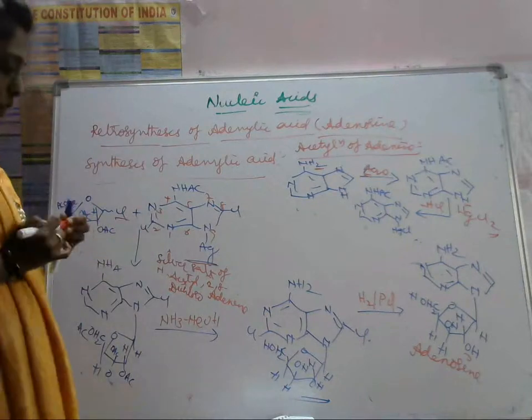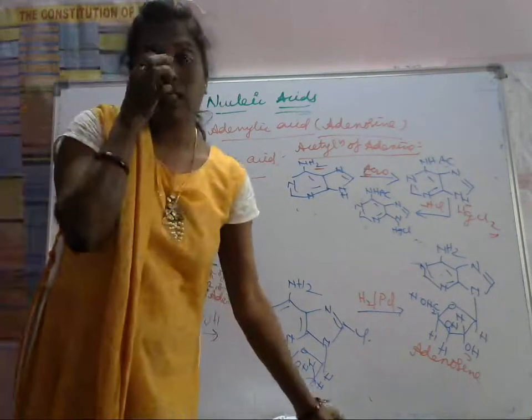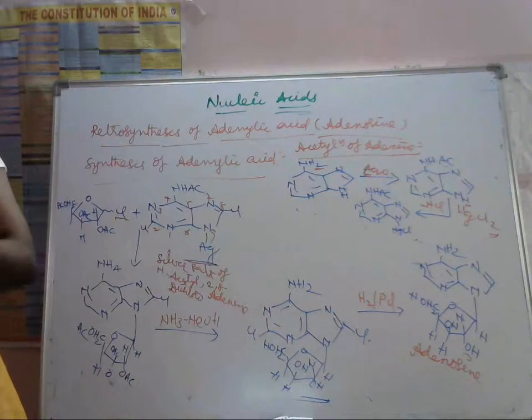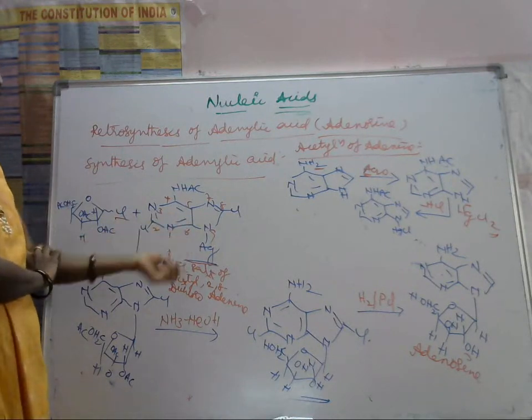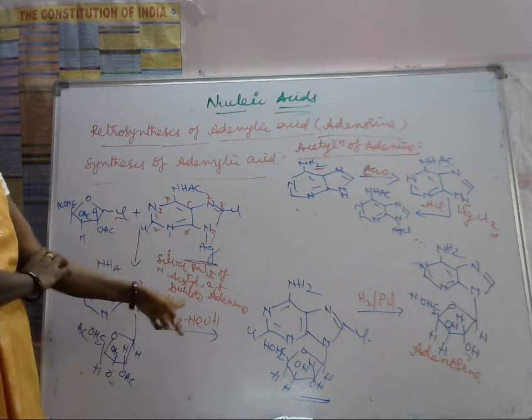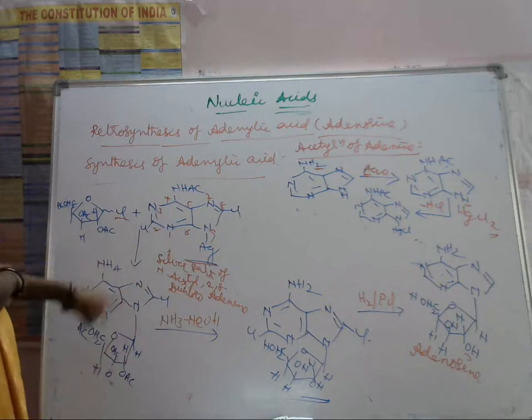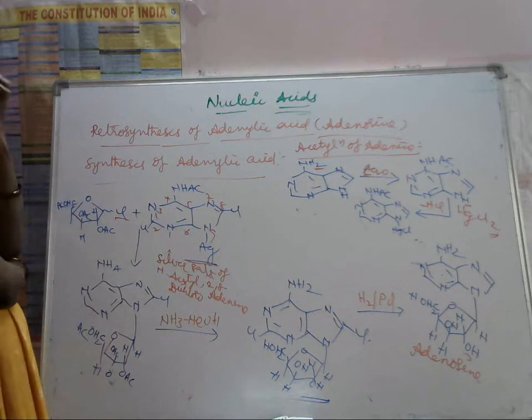In the next class we will discuss about it. We have to take the ribose sugar and the silver salt of this dichloroadenine.